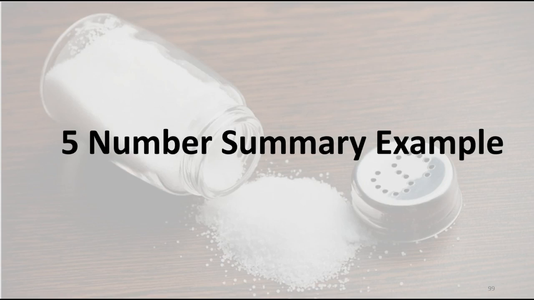So let's look at the 5-number summary. Again, we're going to look at the variable sodium in the cereal data set. First, notice there are 77 different types of cereal in the data set, and this tells us that there are 77 types of cereal in the sample, and that N is equal to 77. The values of the variable sodium are given below, and they're arranged from smallest to largest.